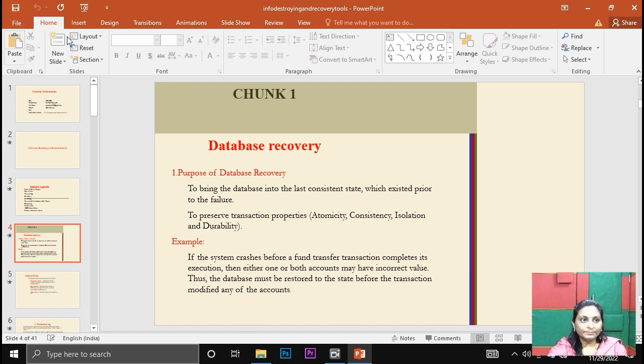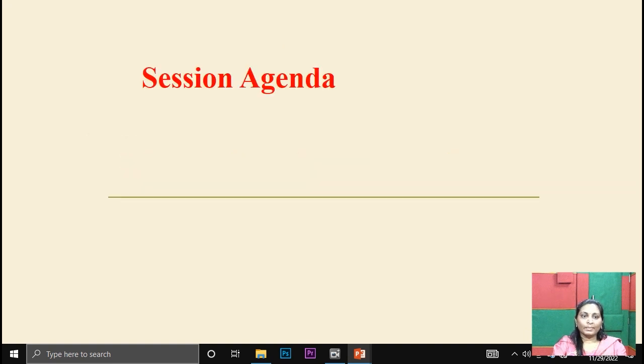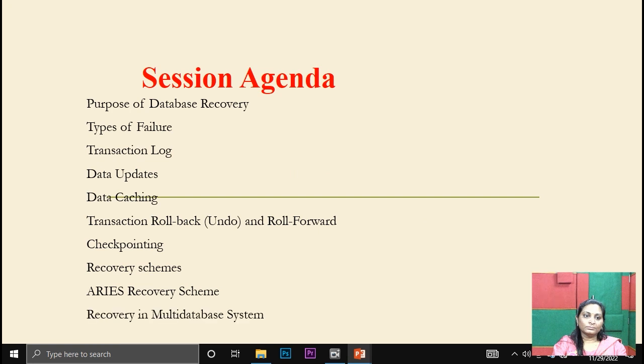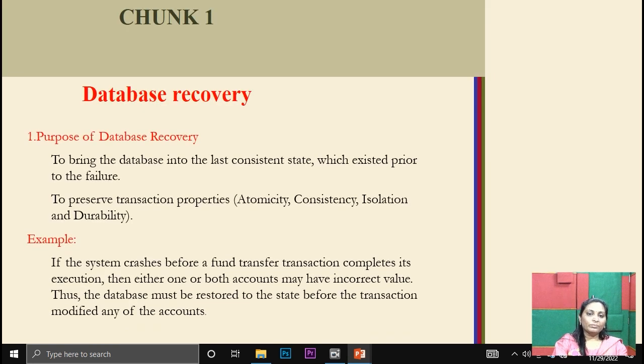What is the purpose of database recovery? In database recovery, the purpose is to bring the database into the last consistent state which existed prior to the failure.